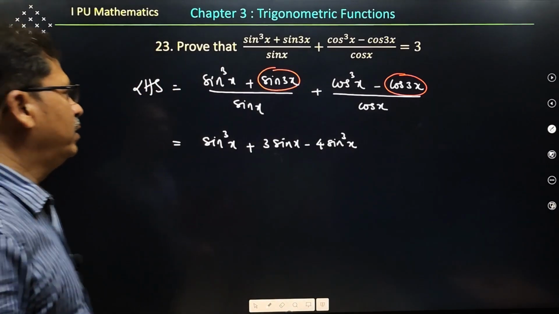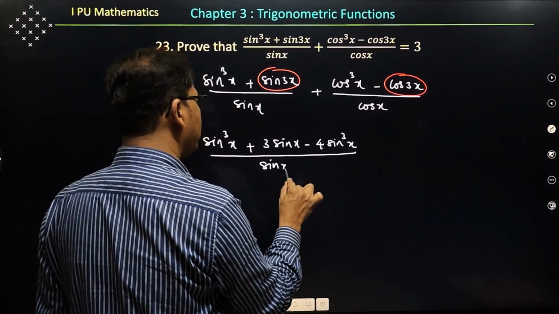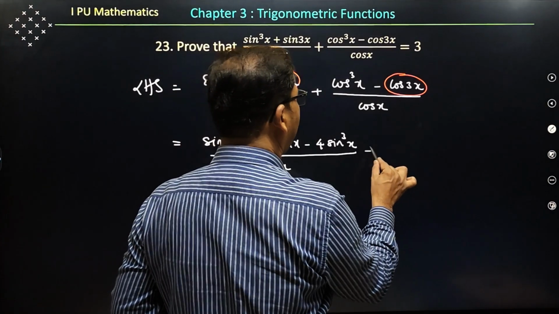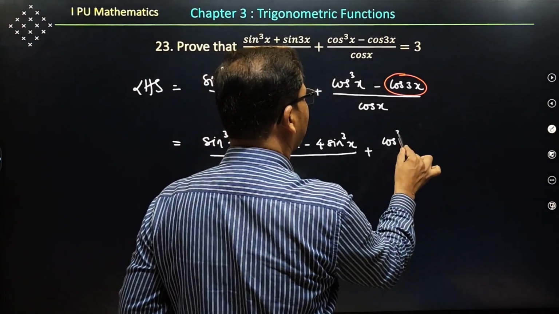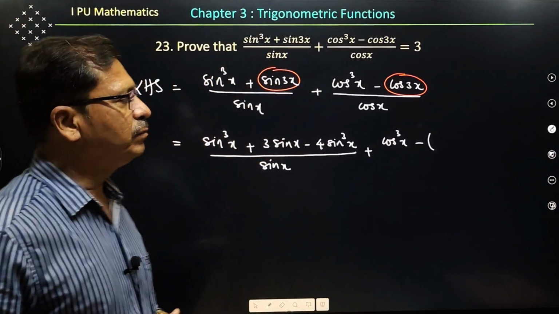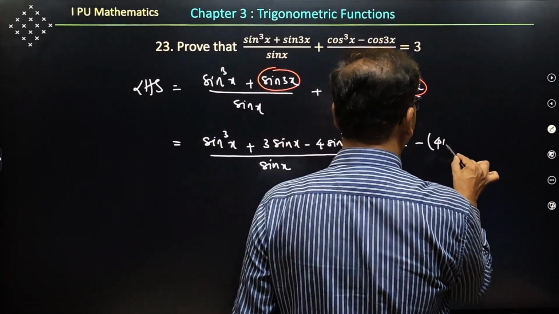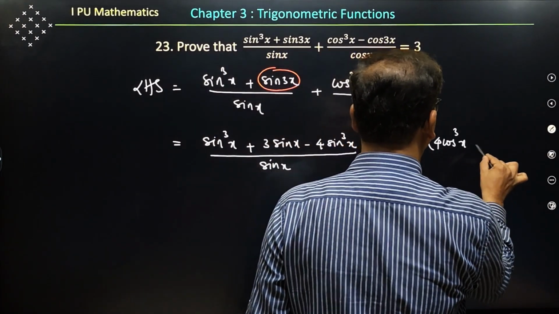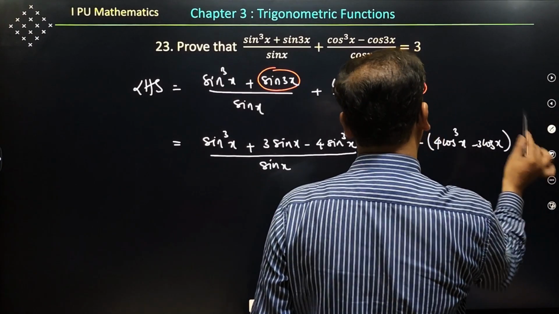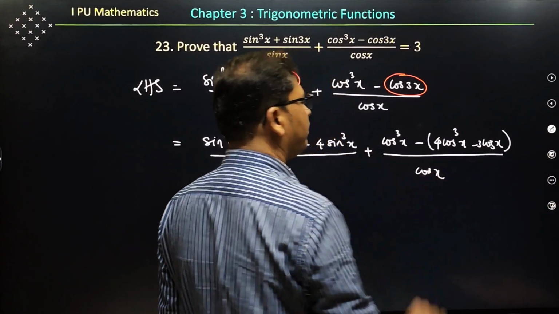You divide it by sin x. Next you write plus cos cube x minus, put the bracket here, cos 3x formula, 4 cos cube x minus 3 cos x. This is the rule here. This is to be divided by cos x.